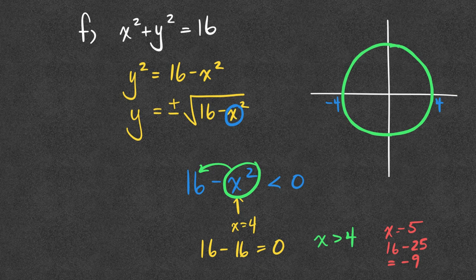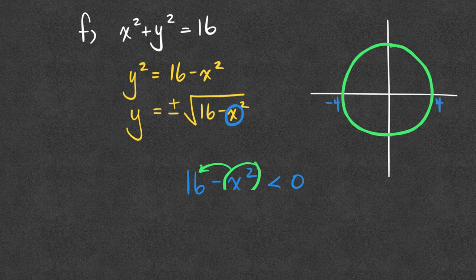It's negative. As soon as I get to the other side of 4, when I square it, I get something bigger than 16. That's my problem. So hopefully then, from examining that equation, you can see that my domain tells me that x has to be less than or equal to 4.